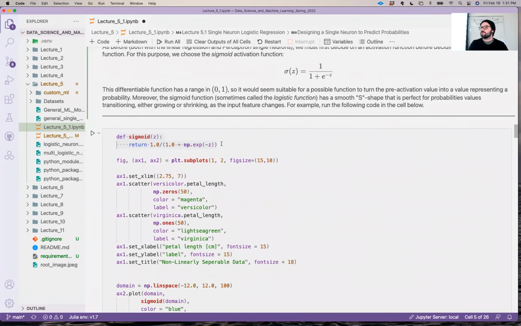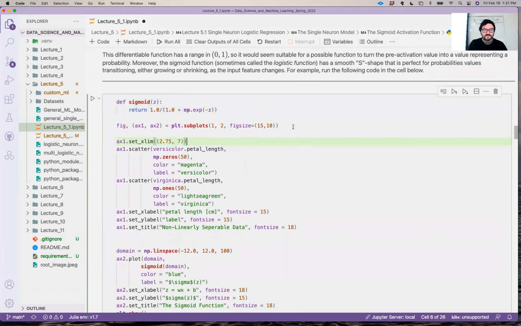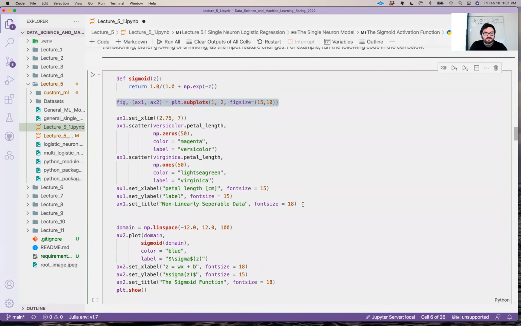It has range between 0 and 1. So it's a candidate for a probability. If its range is between 0 and 1, that's good. So I define my sigmoid function. I'm going to use subplots again, 1 by 2. This first code here is simply the plot above, just now in subplots form.